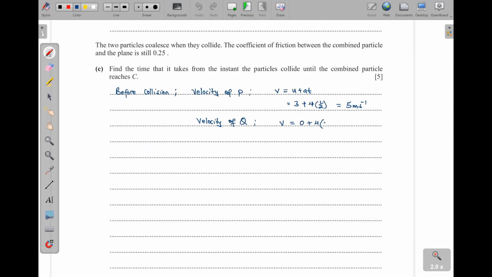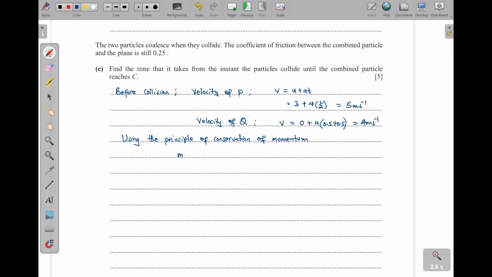Of course, that is 1. So meaning this one was moving at 4 meters per second. So using the principle of conservation of momentum, we have momentum before collision equal to momentum after collision.